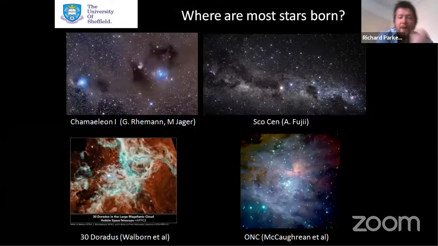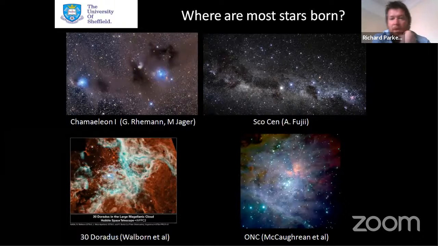So just to set the scene, one side problem when we're talking about the environment of planetary systems is that we don't really know where most stars, like the sun in the galactic disk, are born. It might be that they all come from fairly low density, diffuse, so large radii, star-forming regions.